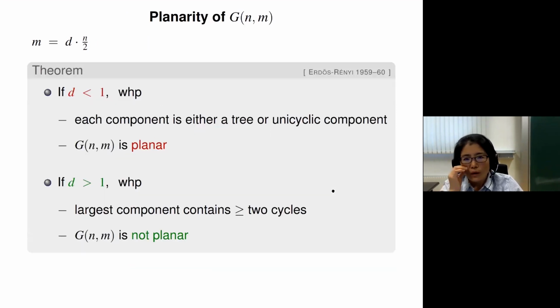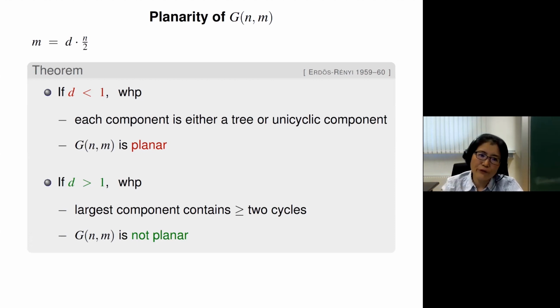Now, returning to our question on the genus of an Erdős-Rényi random graph, one of the very first results by Erdős-Rényi concerns the planarity of the random graph G(n,m). And surprisingly, maybe not surprisingly, the planarity also undergoes a phase transition when the average degree is around 1.